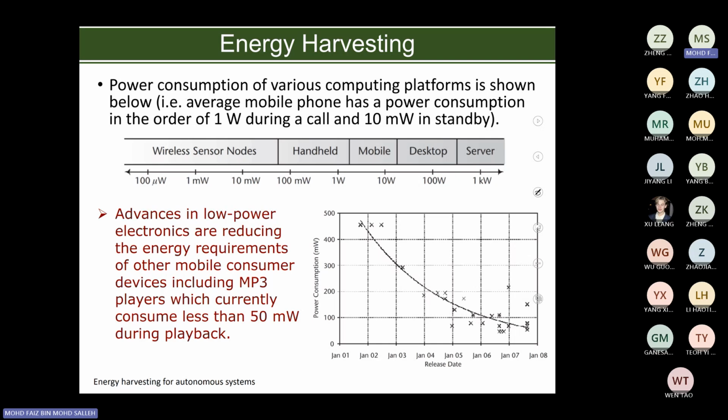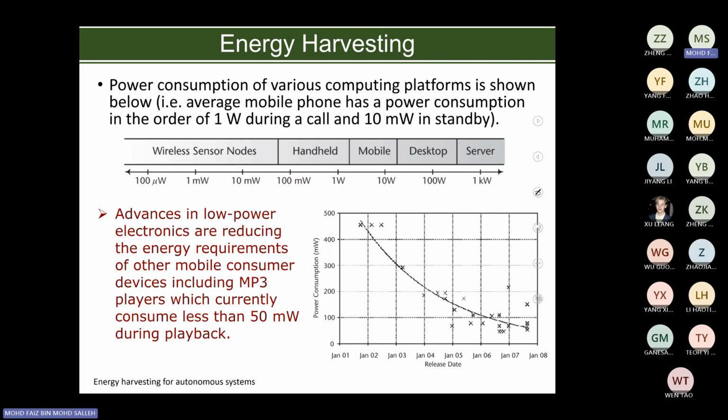Okay, we can see that it is around microwatts right now. I think this data is a little bit old, but right now we have much improvement in the power consumption of electronic devices, much lower than this.